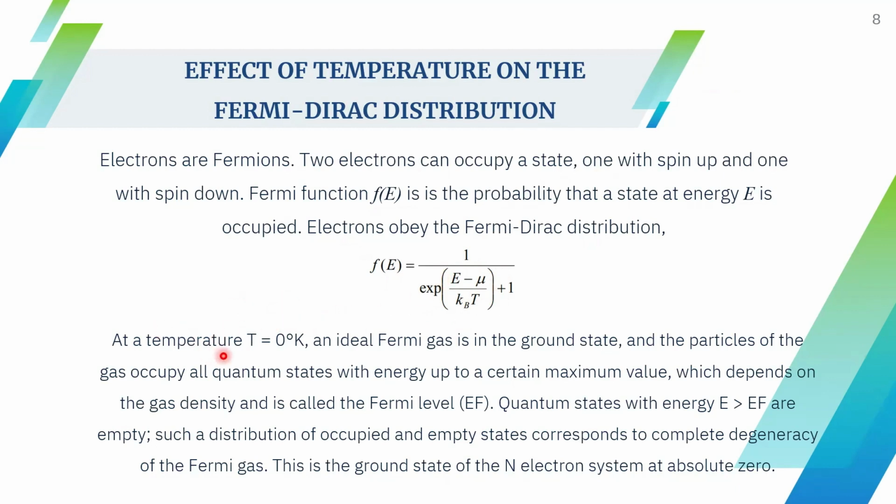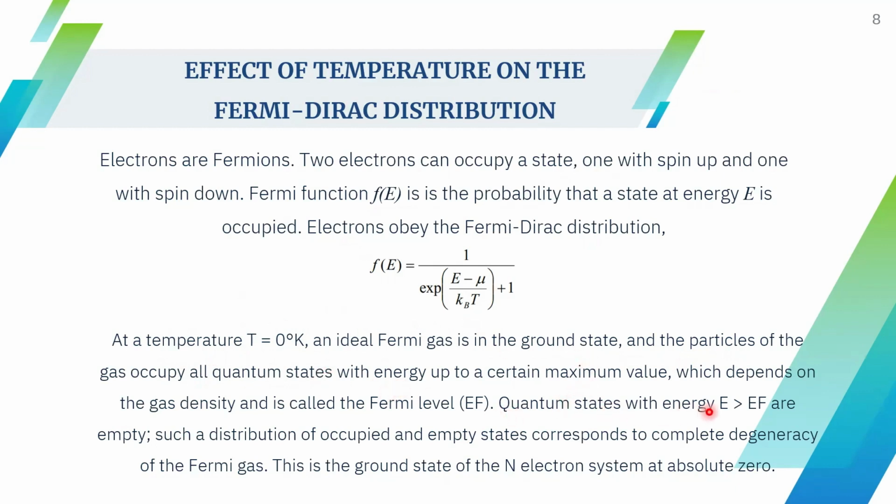So here we are considering the temperature T equal to 0 Kelvin. An ideal Fermi gas is in the ground state, and the particles of the gas occupy all quantum states with energy up to a maximum value, which depends on the gas density. This maximum level is called the Fermi level, which is EF.